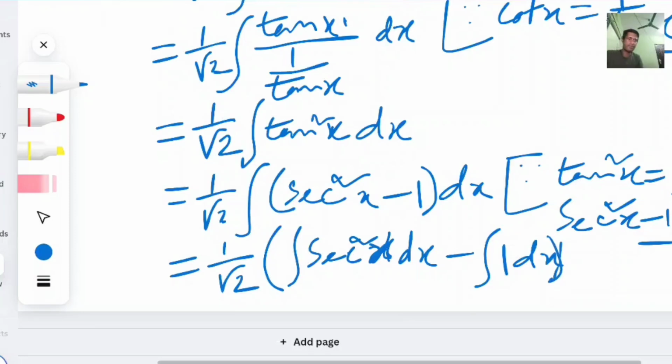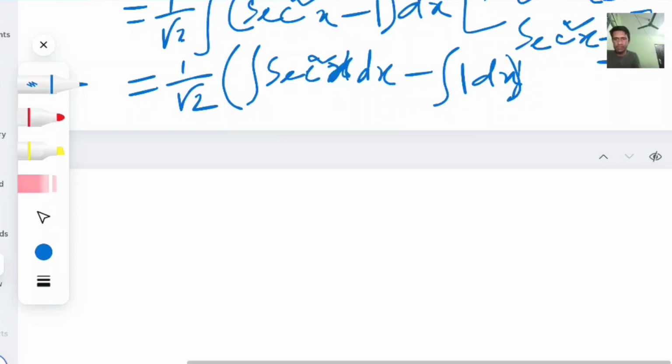This is now equals 1 divided by root 2, first bracket. Now I am doing the integration.